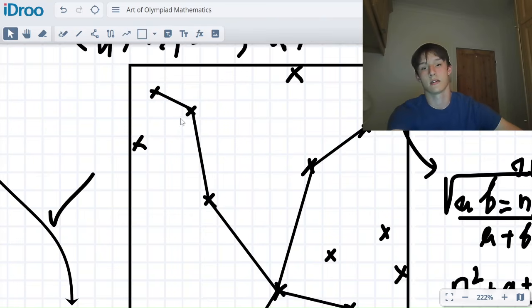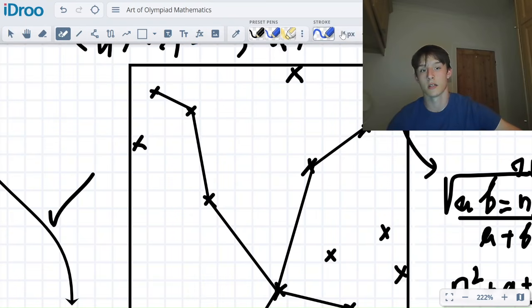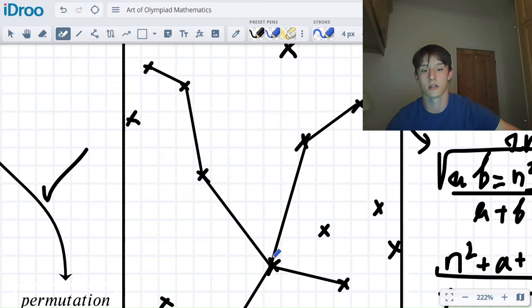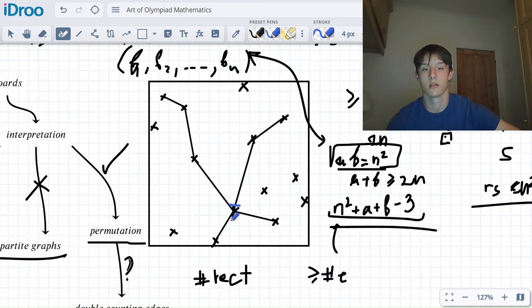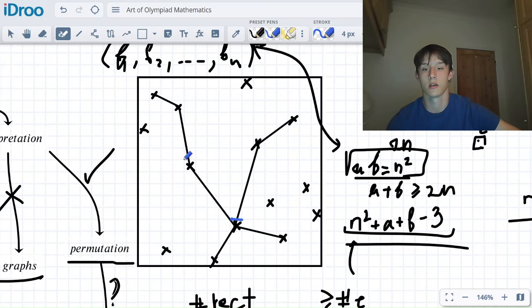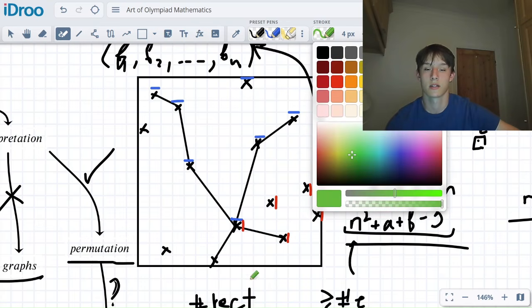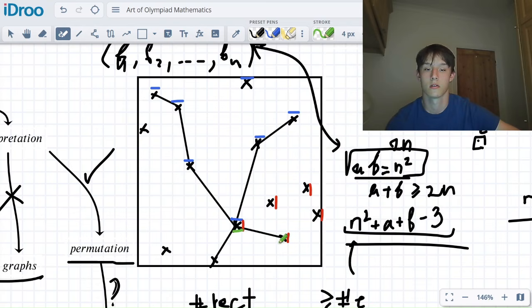And the idea is, let's look at this square where they intersect and label one side blue. So we have this kind of direction up here. And let's label all of these sides blue, like this. And then let's take the red one, label this side, and label all these sides red. And then let's take a green side and do the same thing here.